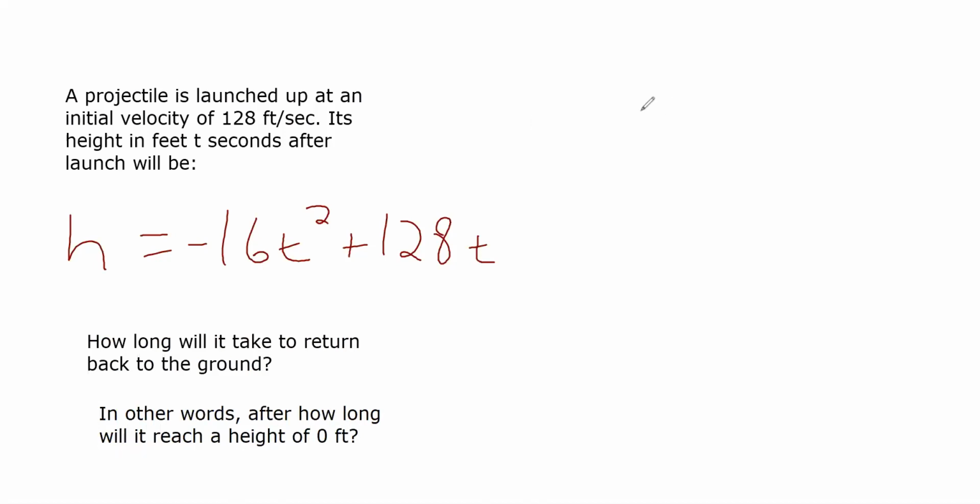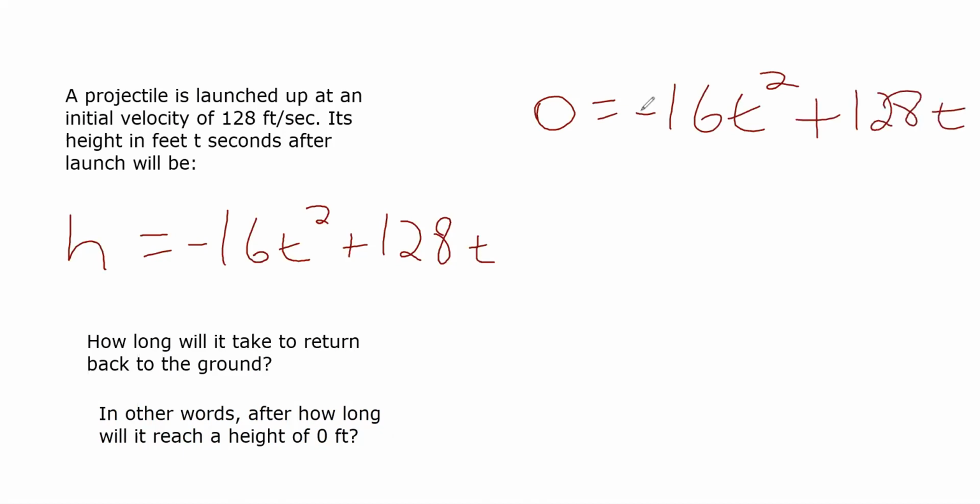Well, what we did last time was we set the height we wanted equal to the equation itself. We're going to do that same thing. Well, gosh darn it, that actually makes something a lot easier than the last problem even. The c, the constant in a quadratic, usually it can actually create problems.